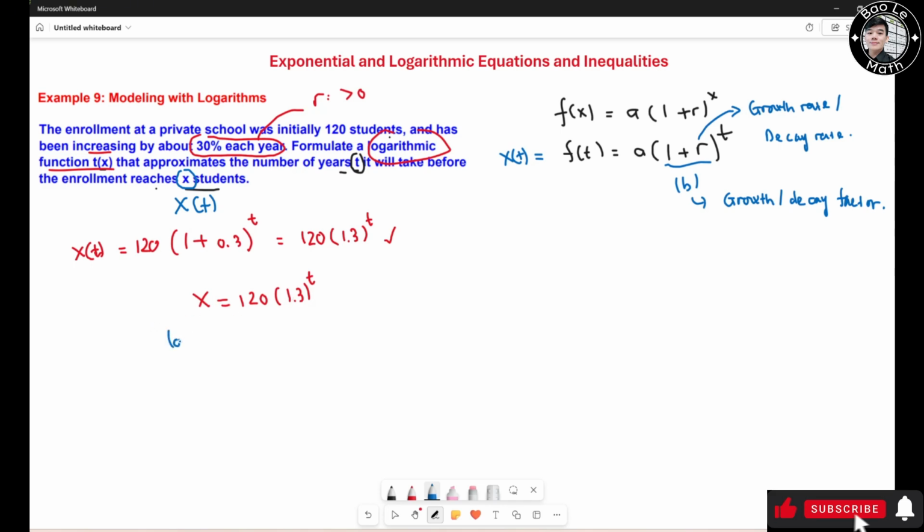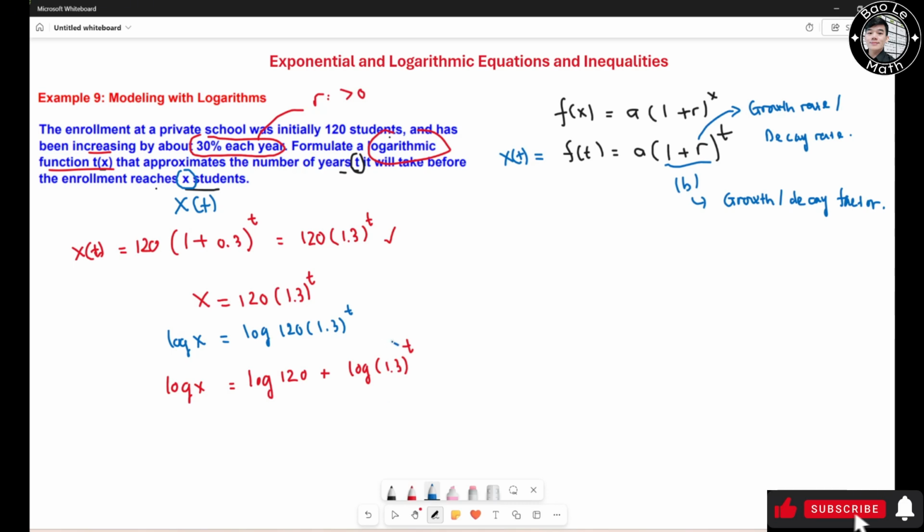So I have log s equals log 120 times 1.3 raised to the t. Now I need to apply the product formula of the log to split this one into the addition, right? So I have log s equals log 120 plus log 1.3 raised to the t, right?